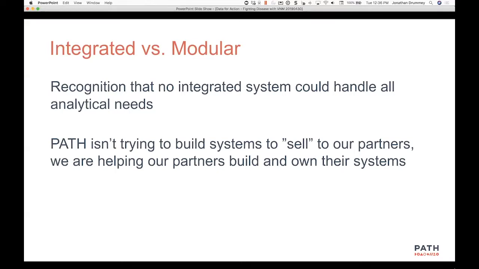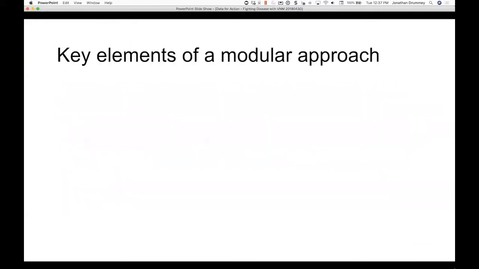And another thing, just as far as FOSS philosophy around data systems, is that we're not trying to build systems on our own. So we're not trying to build yet another integrated system. We're trying to help our partners build and own their own systems, knowing that they're in this heterogeneous environment where there's multiple systems doing different things that will evolve over time.